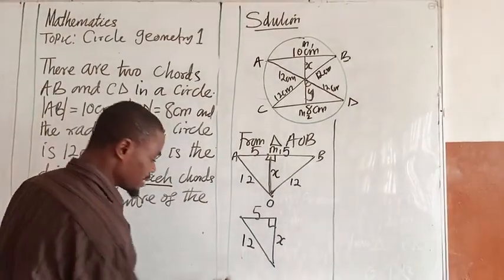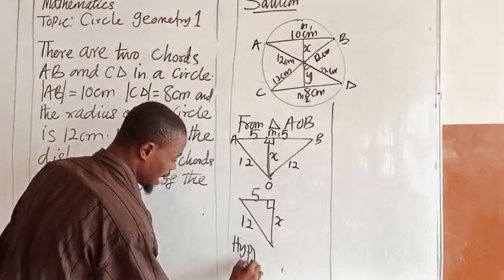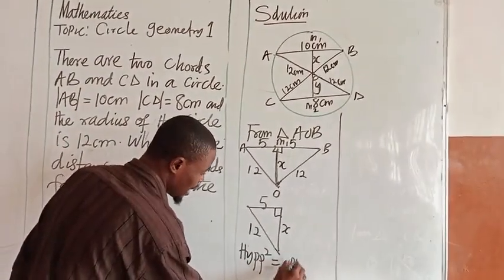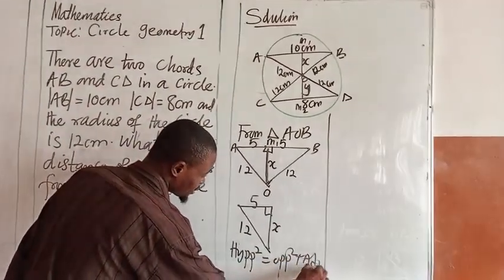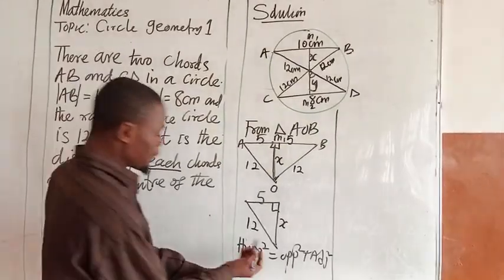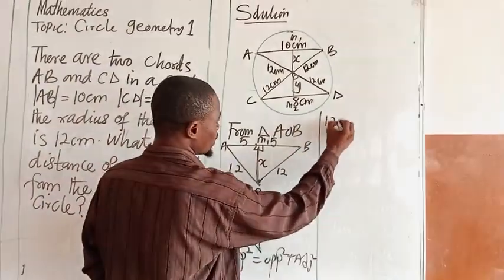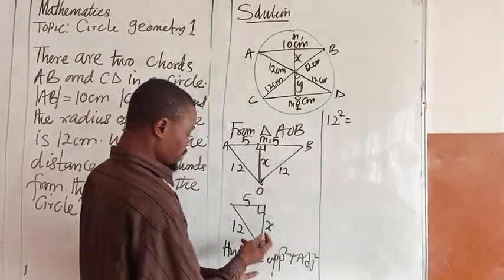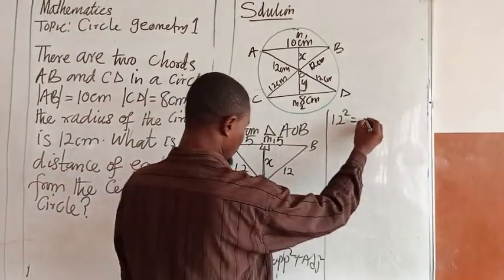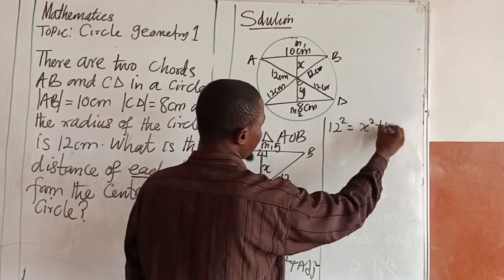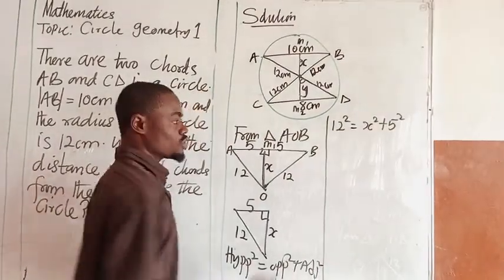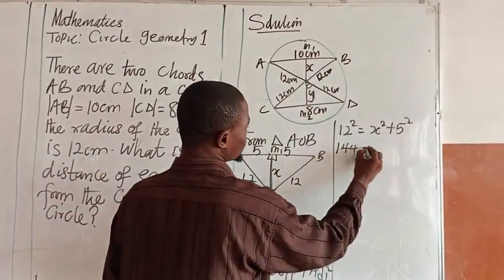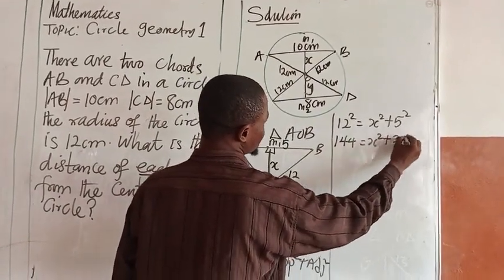The Pythagoras theorem says that the hypotenuse squared is equal to the opposite squared plus the adjacent squared. The hypotenuse is the longest side, which is 12. So 12 squared is equal to S squared plus 5 squared. 12 times 12 is 144, equal to S squared plus 5 times 5, which is 25.